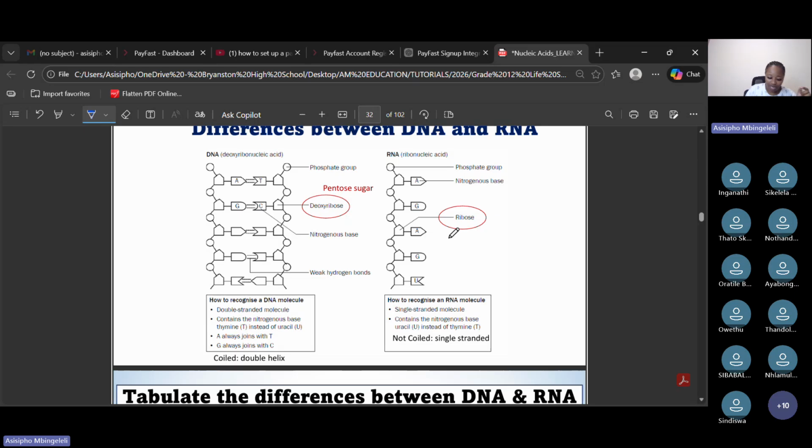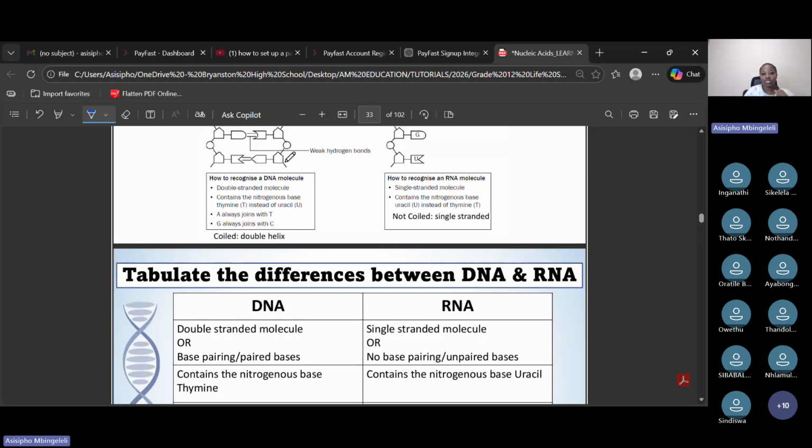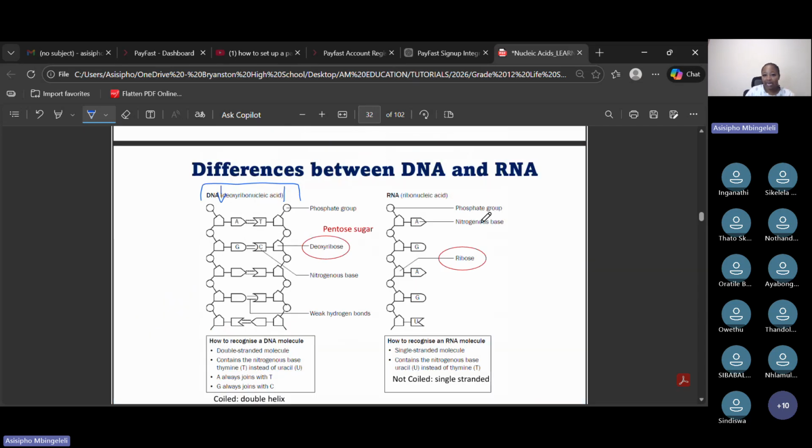So if you look at the structure of DNA, you can see that it is made up of two strands. There is a strand here and there is another strand. So DNA is double-stranded. Then when we look at RNA, we are only seeing one strand. RNA is single-stranded.